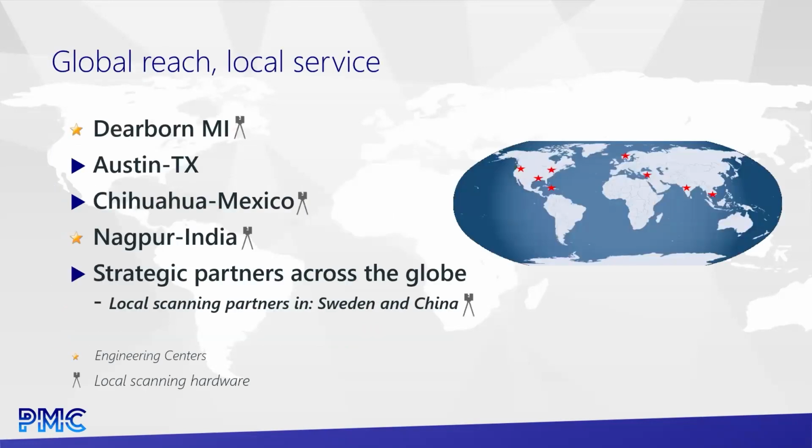So we do have offices around the world to support the various customers we have, with our main offices being here in Dearborn, Michigan, where I'm at, and then Nagpur, India. We also have scanning equipment located in Mexico and India to support work there.